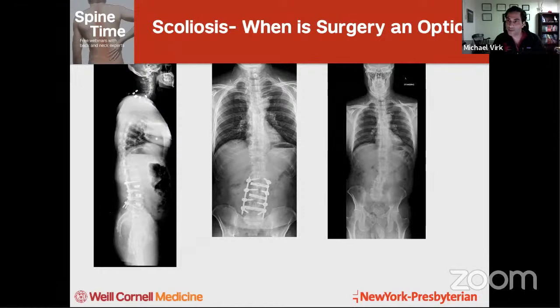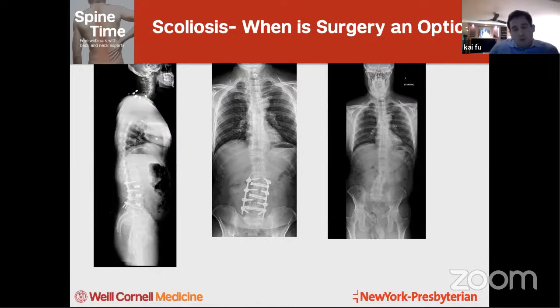Okay, so there's a question here about leg length discrepancy and whether or not this either contributes to or causes scoliosis. How do you guys deal with either pelvic obliquity or leg length discrepancies with respect to scoliosis? Well, Mike, I think it's sort of a chicken and an egg issue.